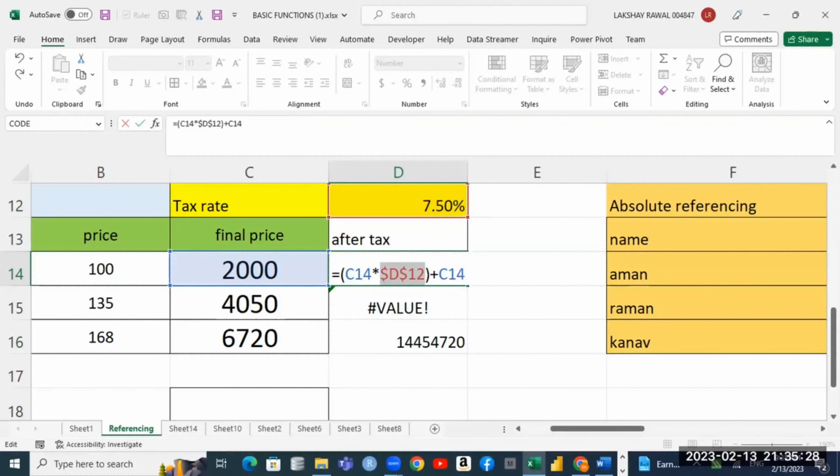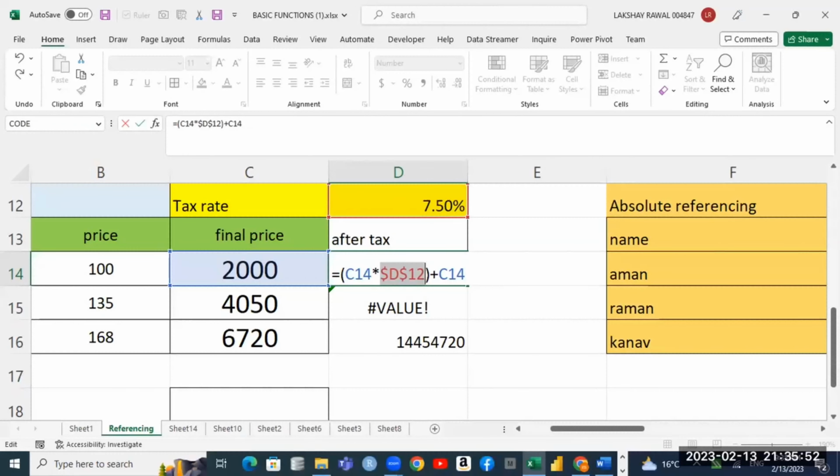This is called freezing, and F4 is the shortcut key for putting the dollar sign. If you are using a desktop, you can use F4. If you are using a laptop, please use the function key with F4.